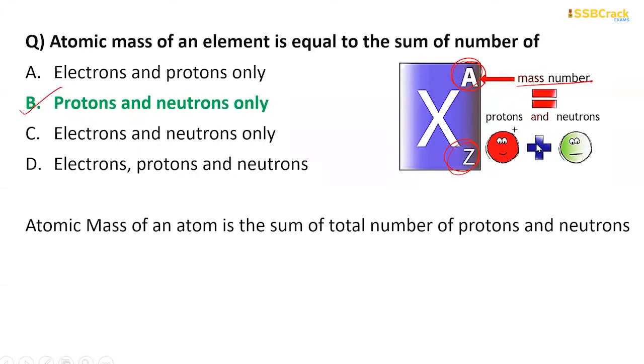So basically, mass number is nothing but the summation of protons and neutrons. Protons are the positively charged fundamental particles and neutrons are the neutral particles, right? So when you sum them together, you get the mass number, which is represented by the symbol A. And similarly, they can ask you about the atomic number also. So atomic number is nothing but the number of electrons or the number of protons in an atom. So these are the three subatomic particles.